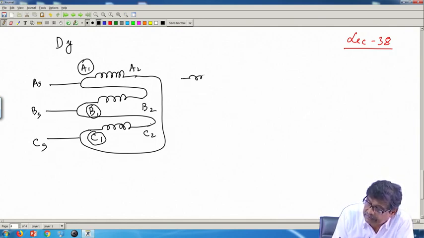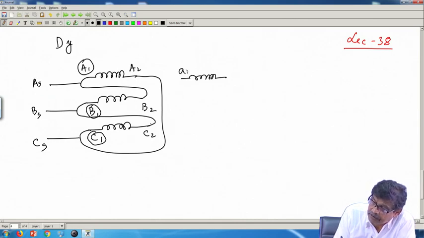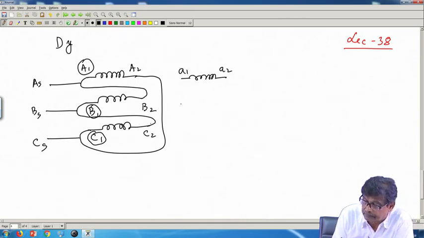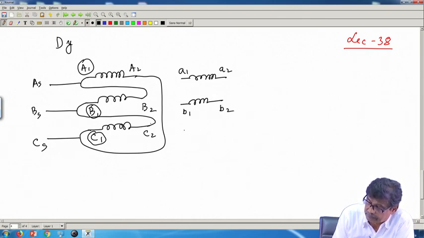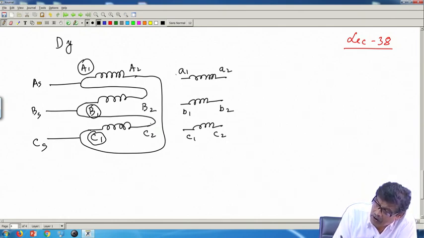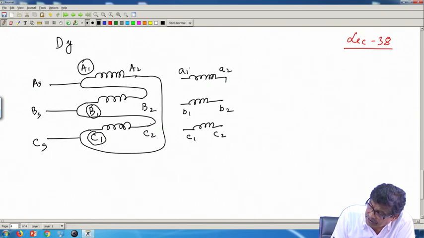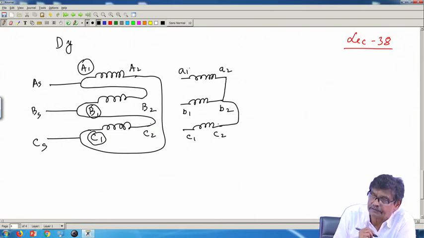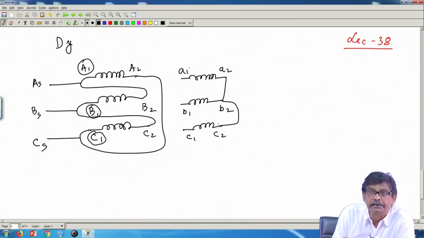And on the secondary, small a1, a2, small c1, c2. I have given input as A1, B1, C1, so I would like to have outputs taken from a1, b1, c1 on the secondary side. Suppose I short it, star connection.